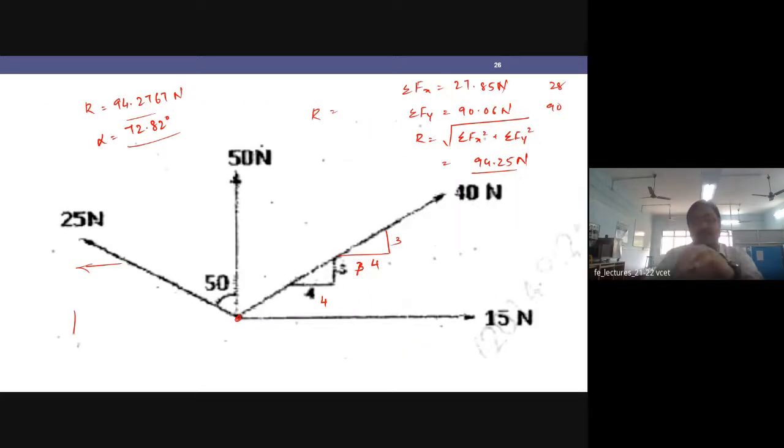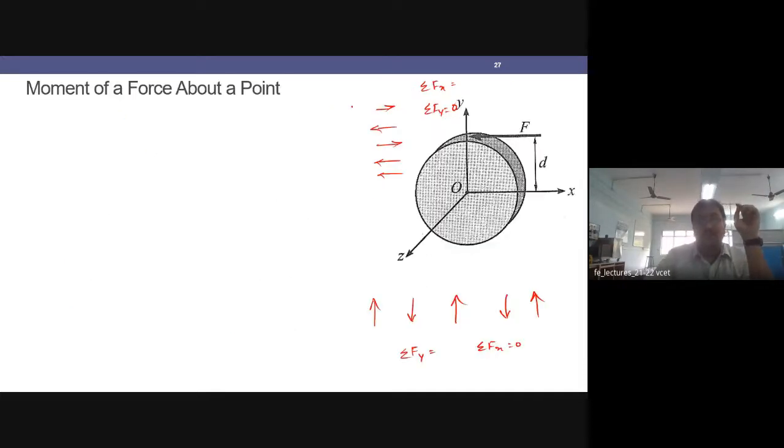Since all the forces were concurrent, I had to find out the angle also. But here, when I'm considering a system of parallel forces, it is obvious that my resultant will also be parallel to this system.